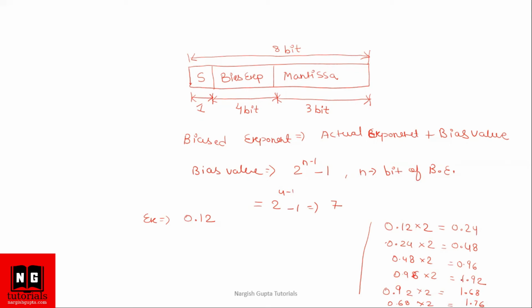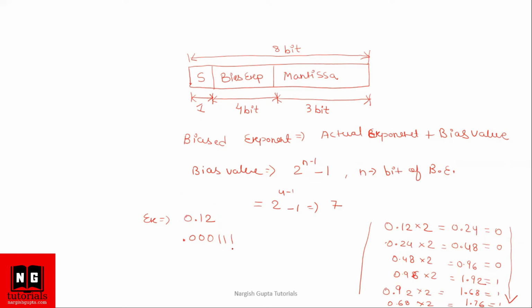Now as we are getting 1 repeatedly, we will stop the conversion and we can write it as 0.000111, as we were getting 0, 0, 0, 1, 1 and 1. And I have explained in my previous video that we write it from upward to downward. So this will be the binary equivalent of 0.12.